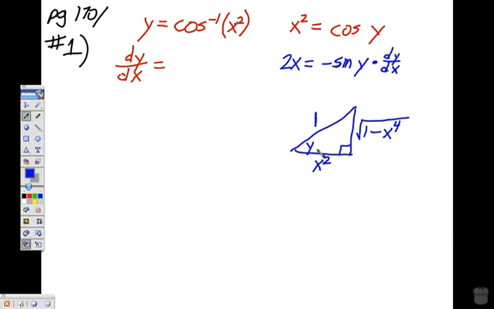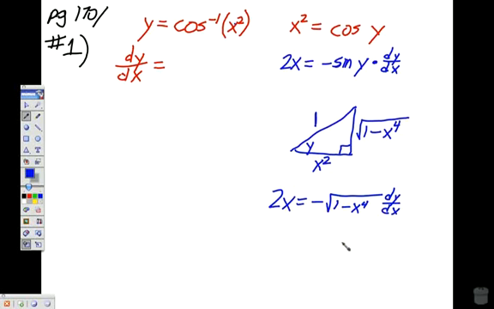So the sine of y would be opposite over hypotenuse. It's going to be this square root divided by 1. And that changes this equation into 2x equals negative square root of 1 minus x to the 4th times dy/dx.